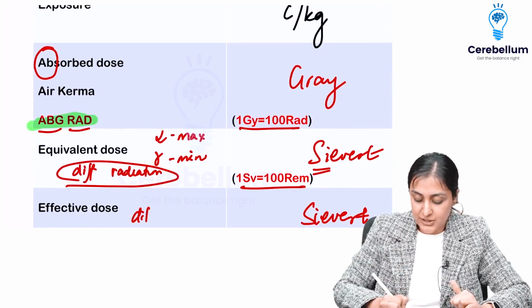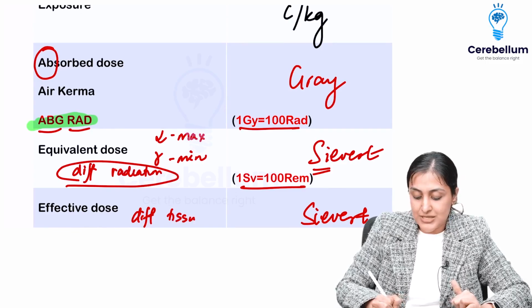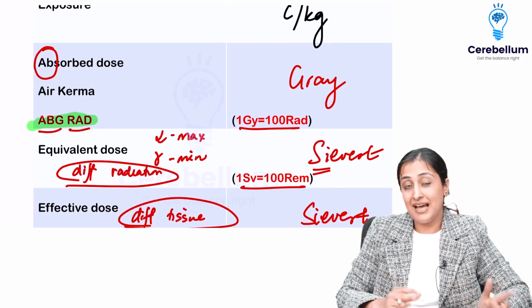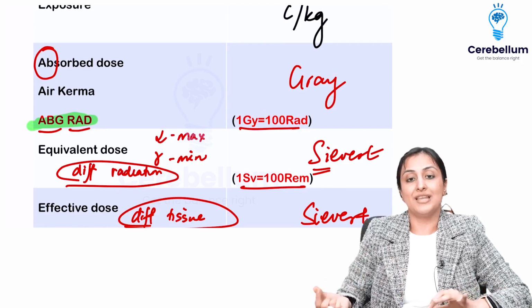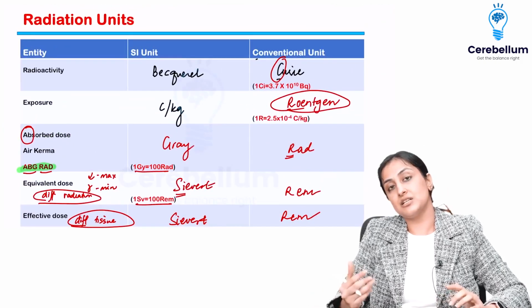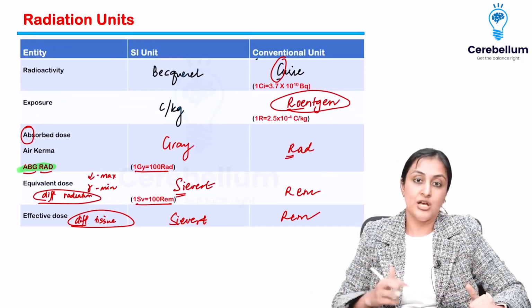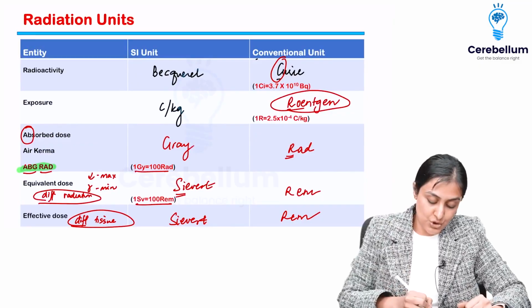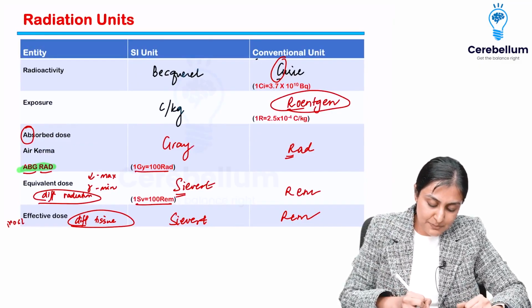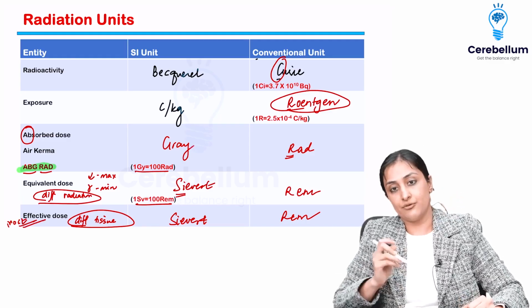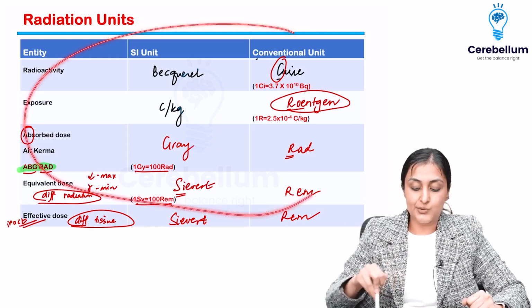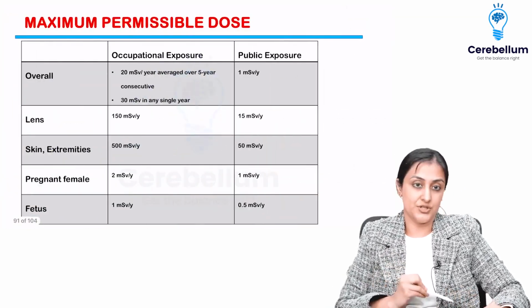Effective dose takes into account the different tissue sensitivity. For example, thyroid will have a different sensitivity as compared to the bone. So that tissue sensitivity is taken into account in effective dose. So if they ask me what is the most useful expression of radiation unit, that becomes effective dose. So this is what I need to know from radiation units.